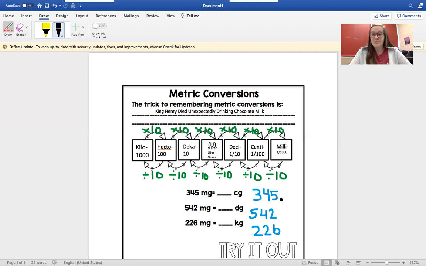So from milligrams to centigrams, I move one time. You literally just follow that arrow. I move one time to the left. So guess what you have to do with that decimal? Move it one time to the left. And you just divided by 10. You know that your answer is 34.5. That's all you have to do, right?